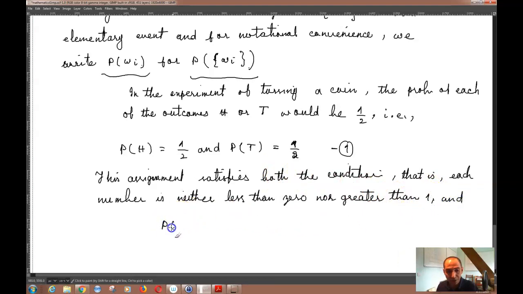And P of H plus P of T is equal to 1/2 plus 1/2, which is equal to 1.